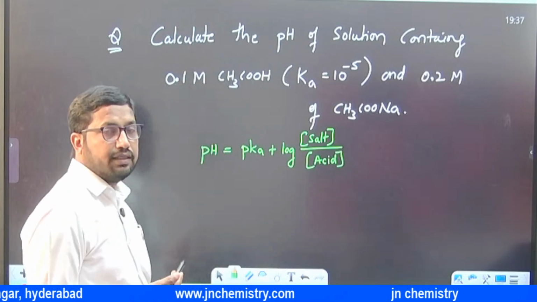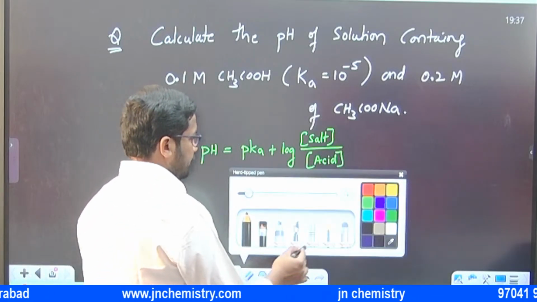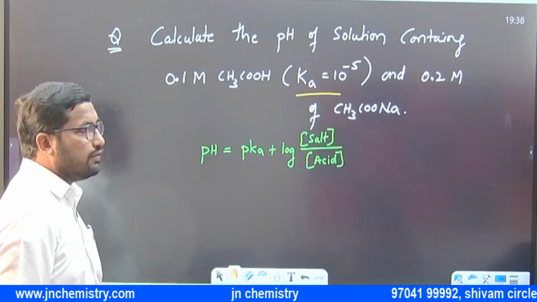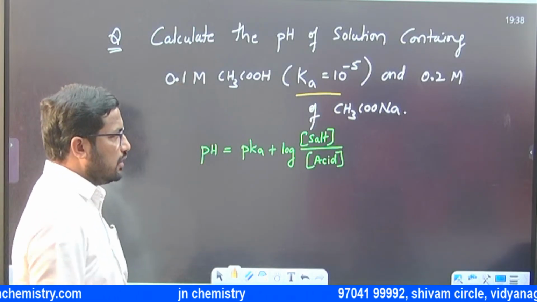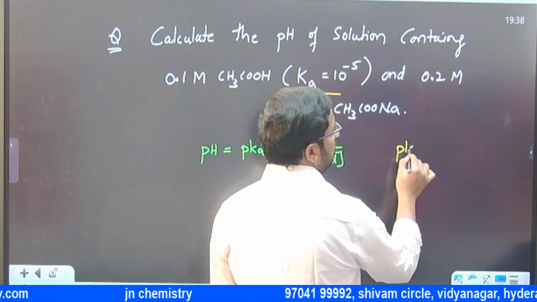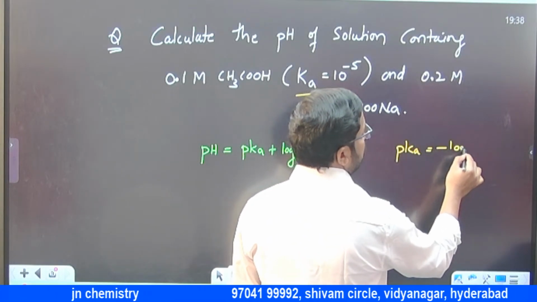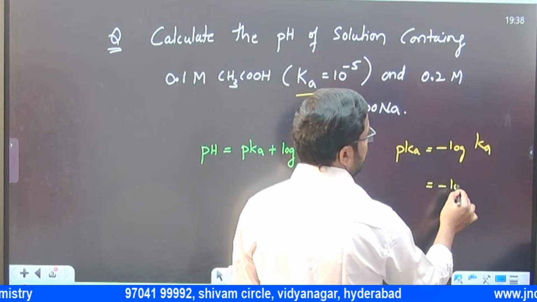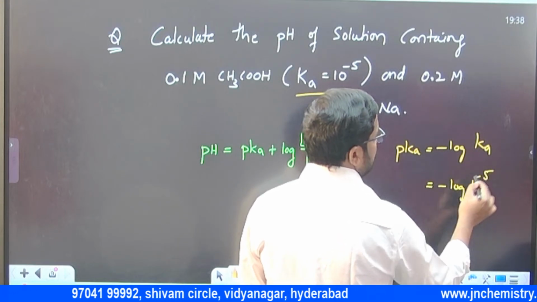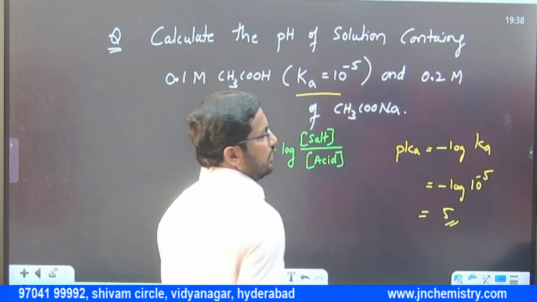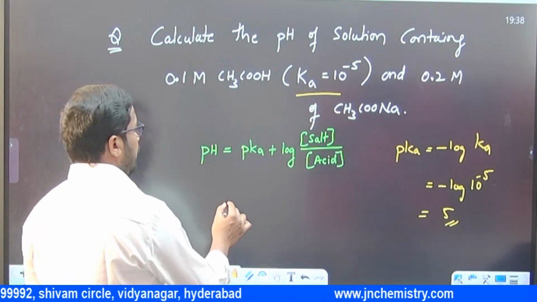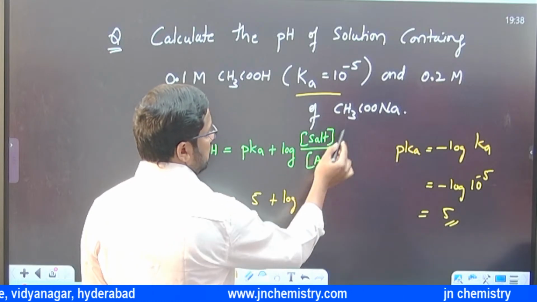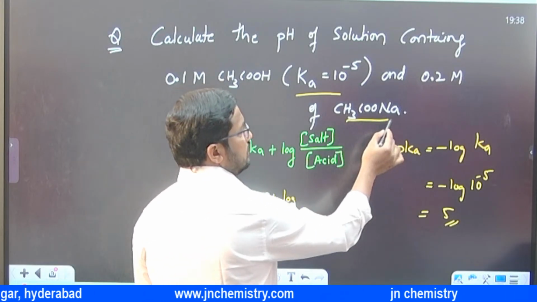So this is a formula, right? But here is Ka, right? Ka means what? pKa. Ka means what? Minus log, right? Minus log of 10 to the power of minus 5, nothing but directly 5. So 5 plus log of salt concentration. Salt now, CH3COONa, this is salt.